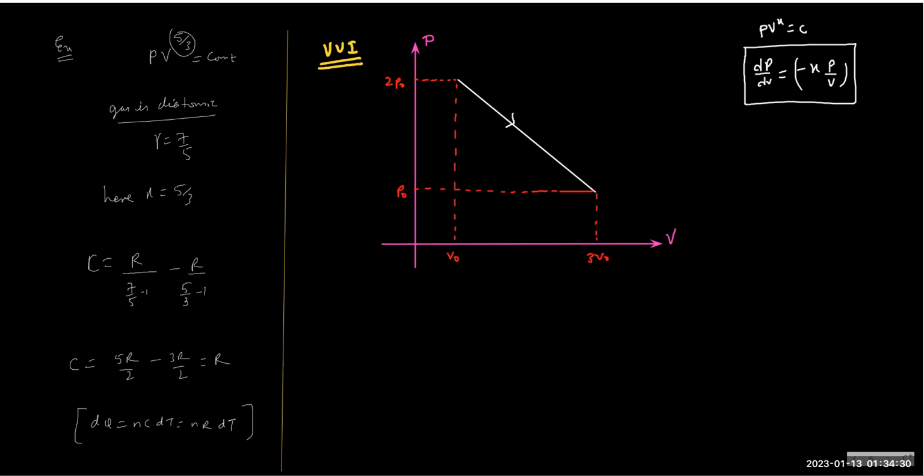Anyone getting the answer for the equation of the line? It's a two-point form, you can find the answer, right? I want P equals to everything.